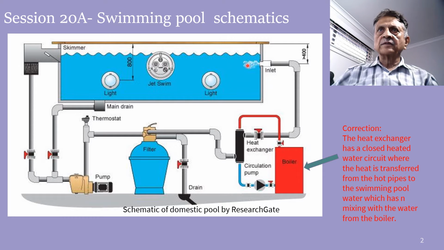You can have two or more, which pushes water on a high pressure from the pump, and the water is drained out through the skimmer for the recirculation.